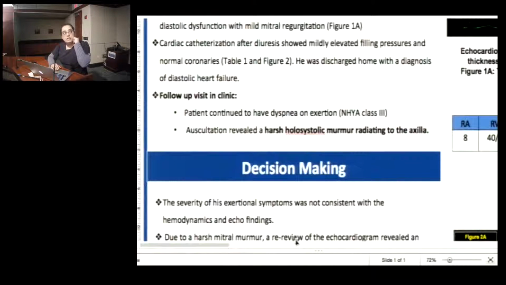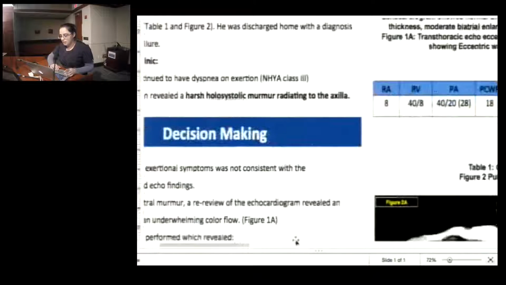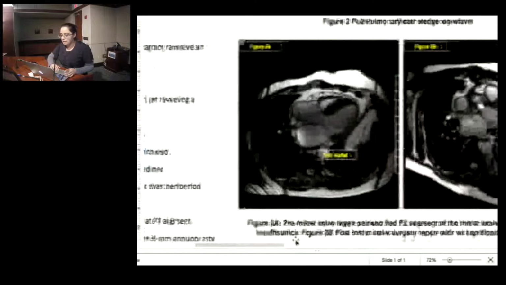He was then followed up in clinic again. In a clinical setting, he still had NYHA class 3 symptoms, was very short of breath, again disproportionate to his echo, and disproportionate to his previous diagnosis of grade 1 diastolic dysfunction. So at this point in time, a cardiac MRI was done.